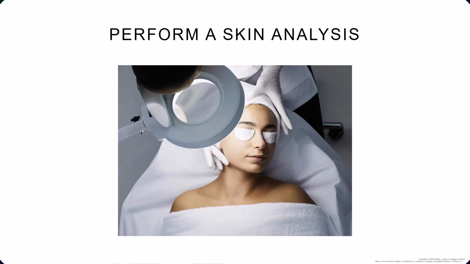You can become adept at doing a quick skin analysis, like while a client's in the waiting room, because sometimes clients don't know what product or treatment to use. So taking a quick glance at their skin, you can kind of gauge on what might be best for that client. Knowing the skin types and conditions and any factors that affect the skin health will help us be able to give an accurate skin analysis.